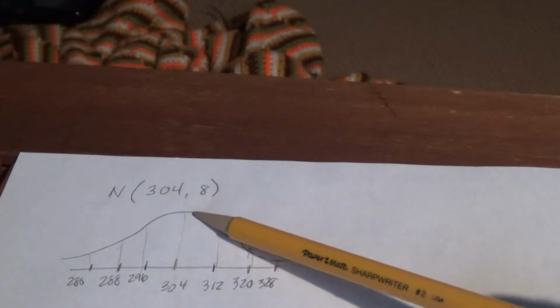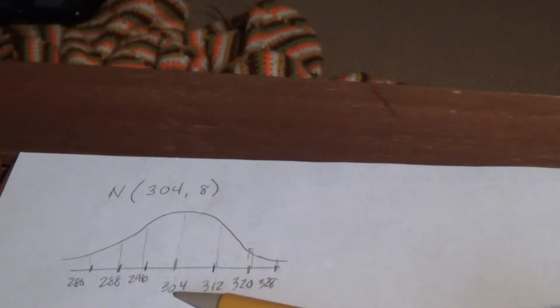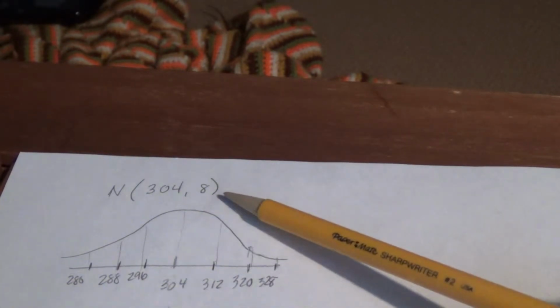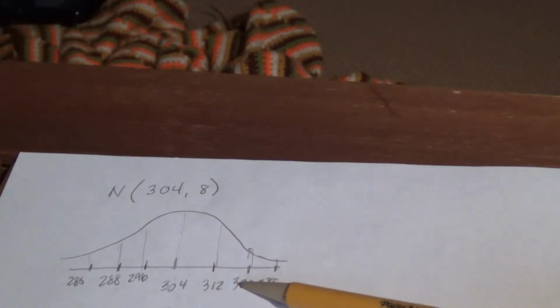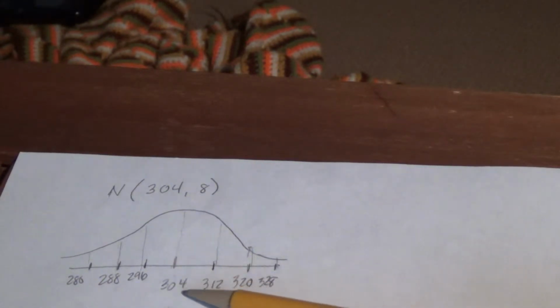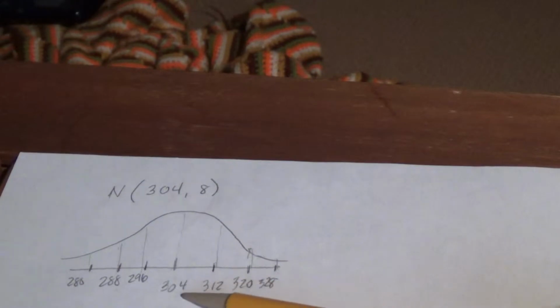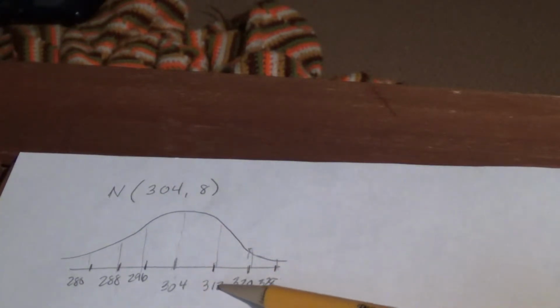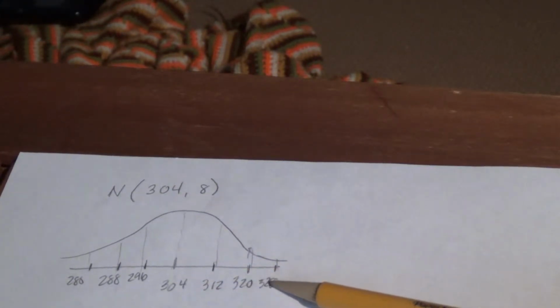So 304 is the mean. It's at the highest peak. So I put 304 right there. Then I add 8 again and again to get one standard deviation from the mean on the positive side, then 2, and then 3.